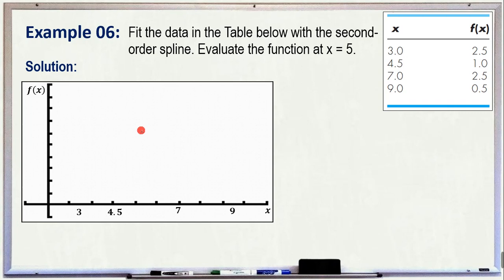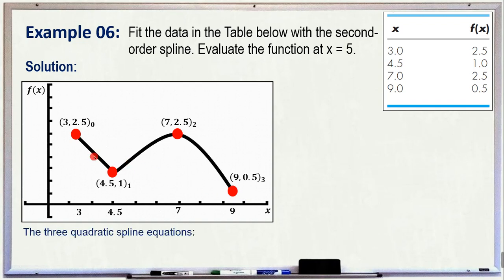So for the solution, first you're going to graph the given data points from the table on our Cartesian coordinate plane. So these are the 4 data points, and then we're going to sketch our spline.